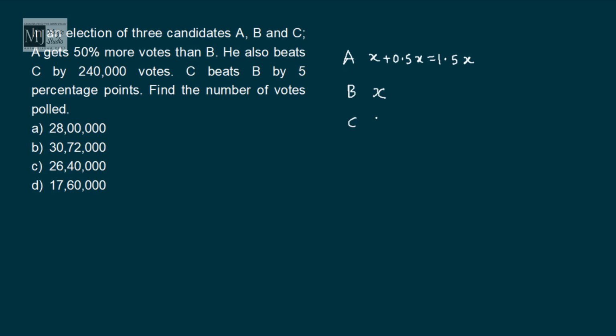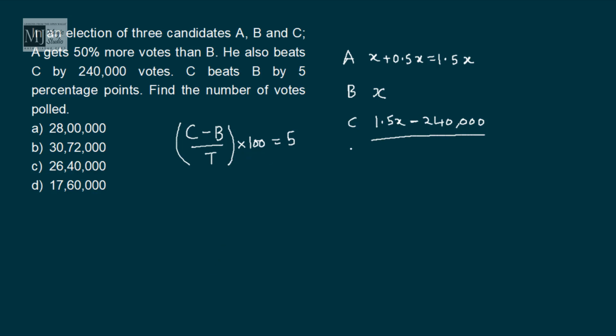That means C would have got 1.5x minus 240,000 votes. C beats B by 5 percentage points. It means that (C minus B) by T, T stands for total number of votes, into 100 is equal to 5 percentage points.